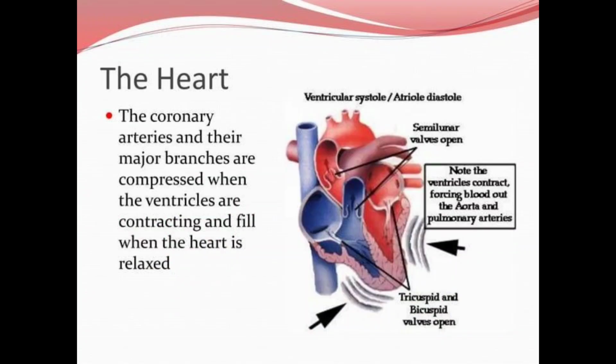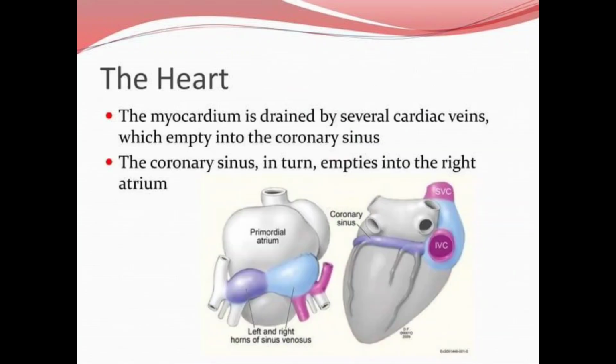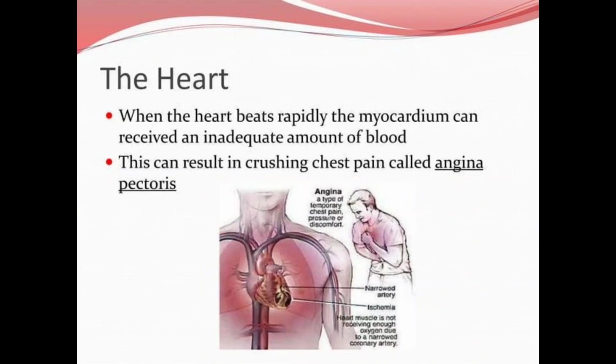The coronary arteries and their major branches are compressed when the ventricles are contracting and filled when the heart is relaxed. The myocardium is drained by several cardiac veins which empty into the coronary sinus. The coronary sinus in turn empties into the right atrium.